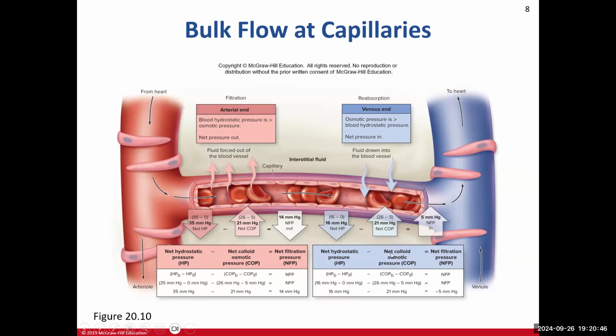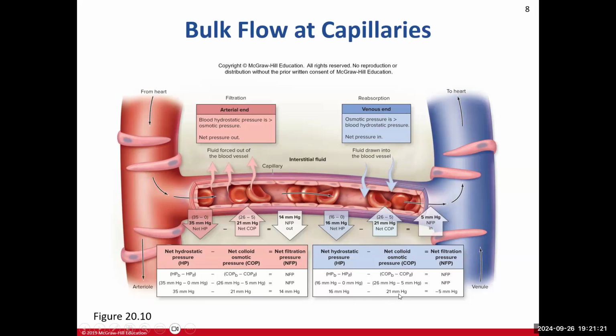The colloid osmotic pressure inside of the capillary should not have changed: 26 millimeters of mercury, what we saw in the prior equation, because the protein composition hasn't changed in your blood. And the interstitial fluid composition of proteins should also not change unless there's some sort of pathology, anywhere from 0 to 5 millimeters of mercury. So that value stays the same. We take the difference, and we have 21 millimeters of mercury.